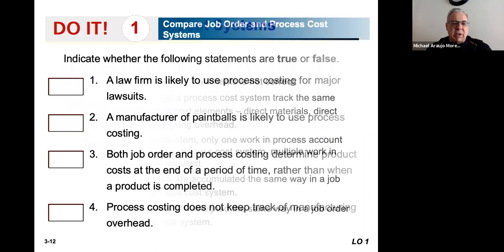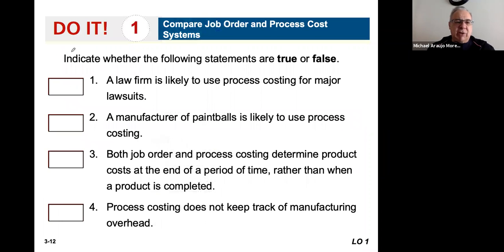Okay. So basically, this is your introduction to learning objective 1 in this chapter. And they end it with their do it exercise in a true false situation. A law firm is likely to use a process cost system for major lawsuits.